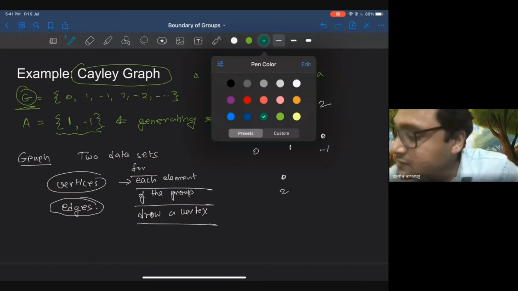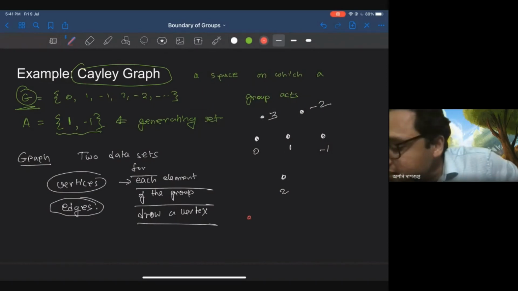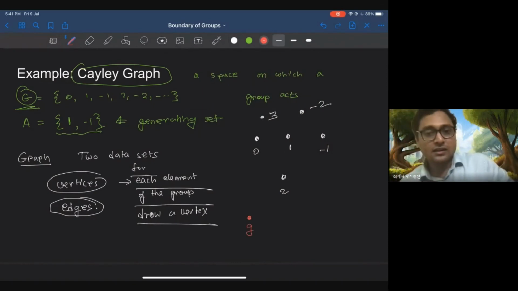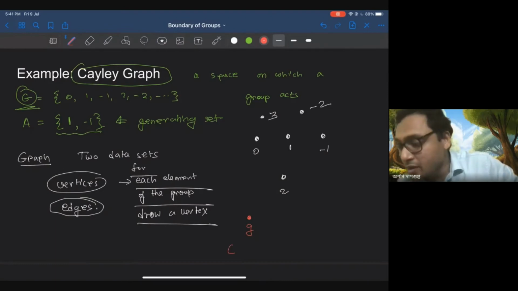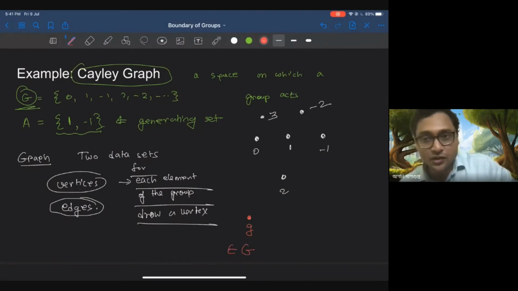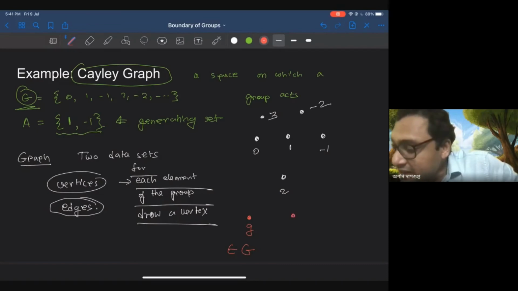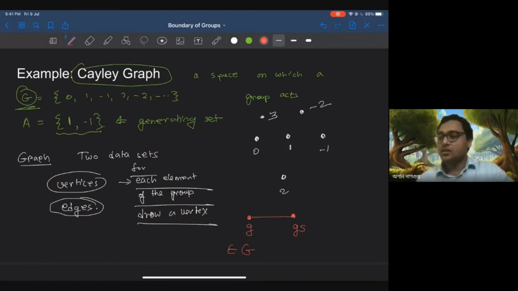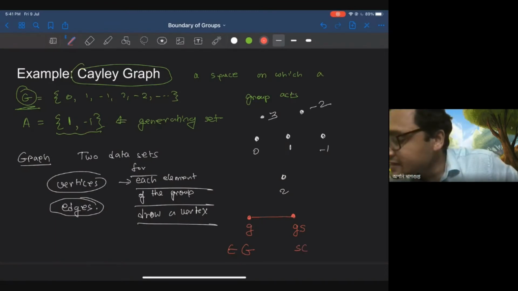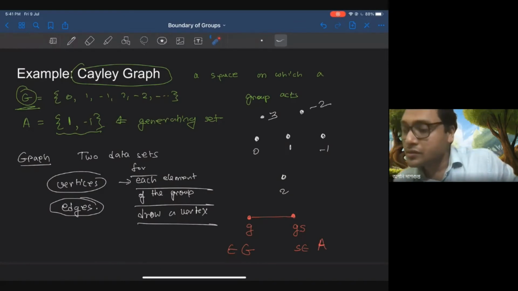If g is one of the vertices, that is a member of capital G, the group, then join it with gs, where s is a generator. So take any element of the group, compose it with the generator, and join those two vertices.